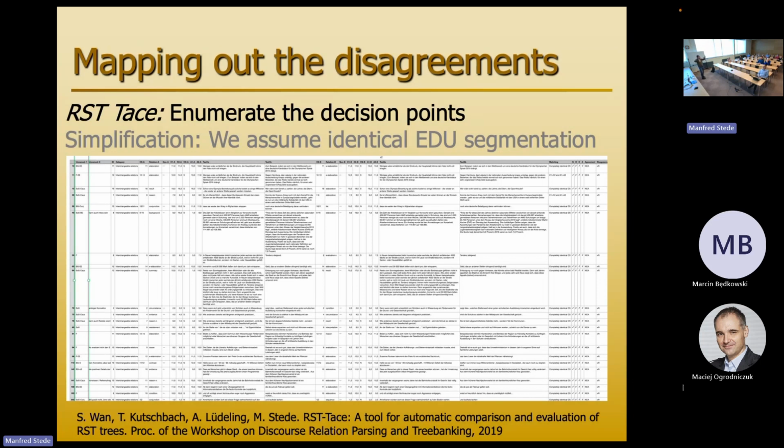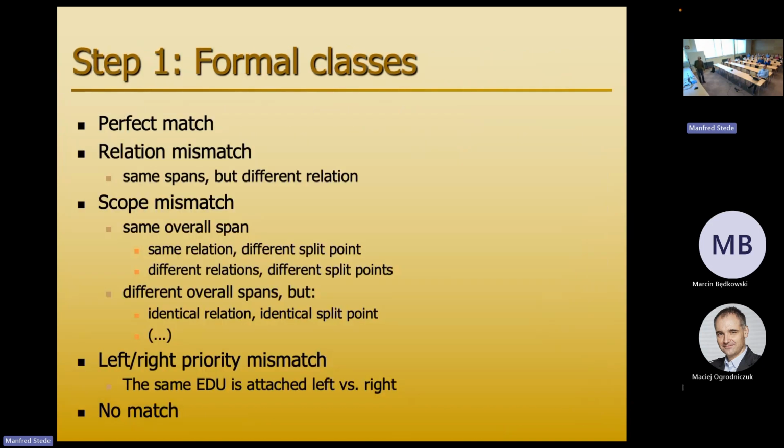The text, the segments, the nuclearity, the relation, and so on and so forth. So for a corpus, we then get a long, long list of points of agreement or disagreement that we can inspect further. Now the question is, what does it mean to inspect further?